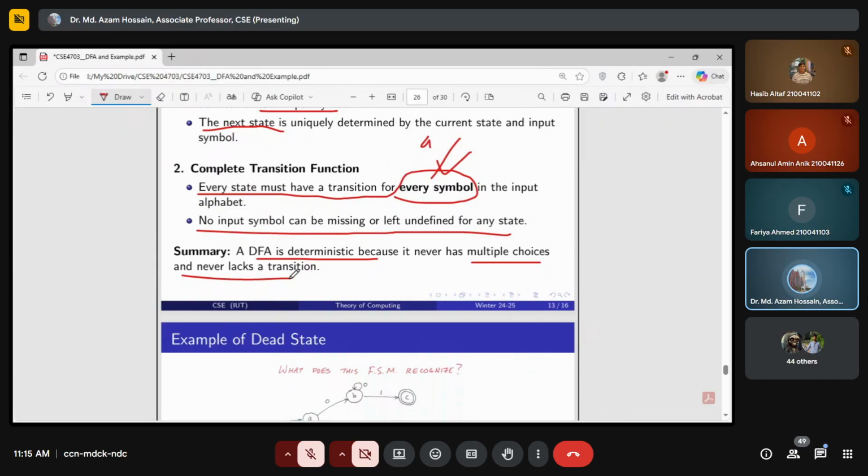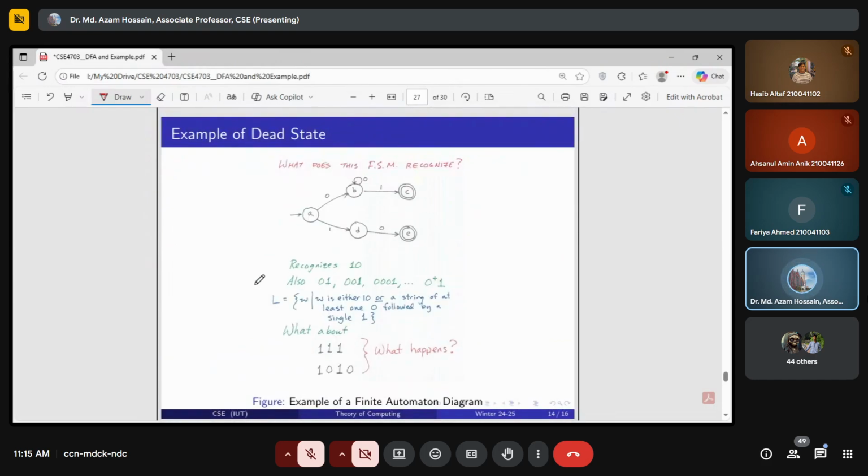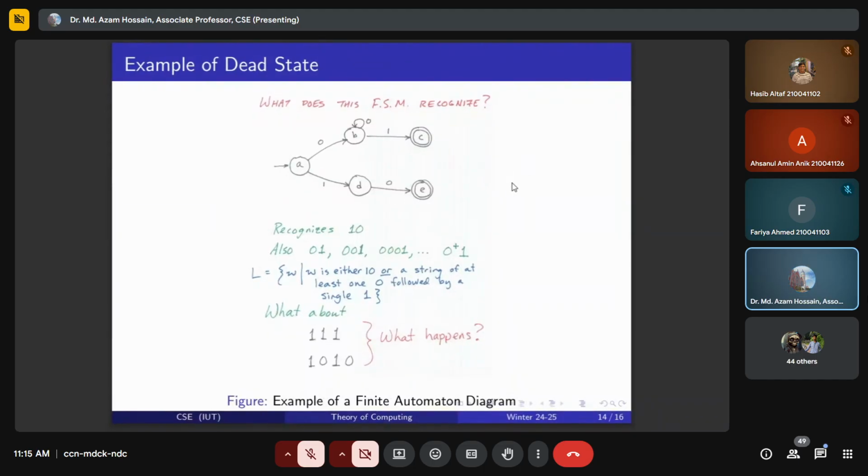Okay, so now let's look at this next example, then it will give you an idea of what I'm talking about. So this is an example. First of all, what language does this machine accept? It's very simple.